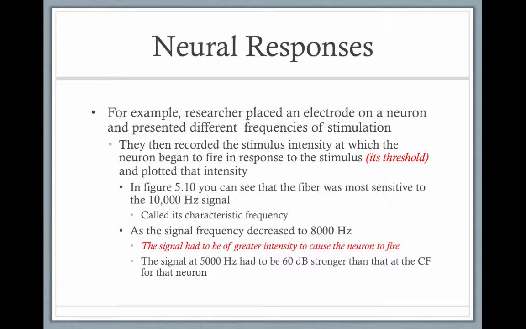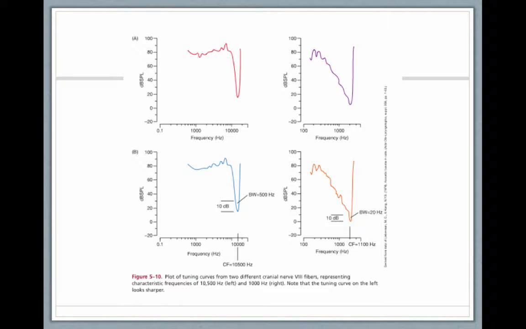So you can see that fibers that are most sensitive in this figure, let's say the one at 10,000 hertz, if a sound comes in at 10,000 hertz, and this is a 10,000 hertz nerve fiber, then the sound doesn't have to be of that great intensity for it to fire. Now, the further you move away from 10,000 hertz, or the best frequency of that nerve fiber, the louder the sound needs to be for the nerve fiber to fire.